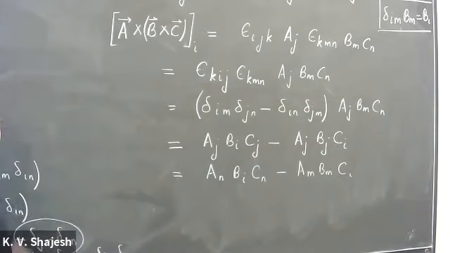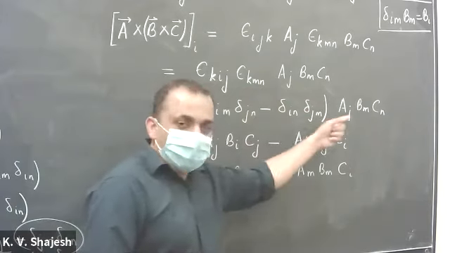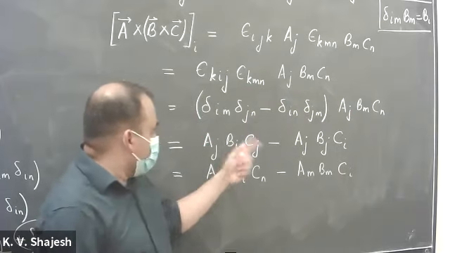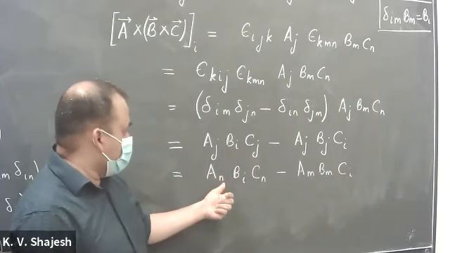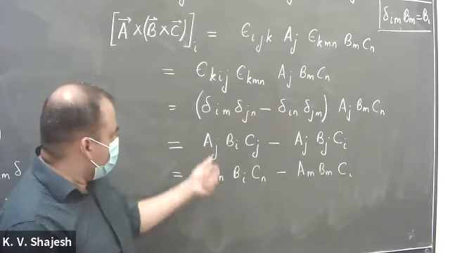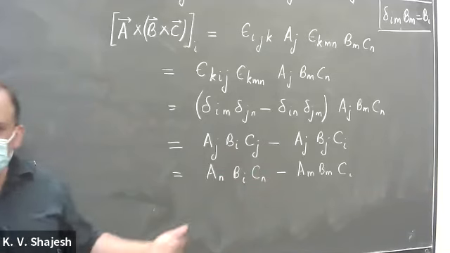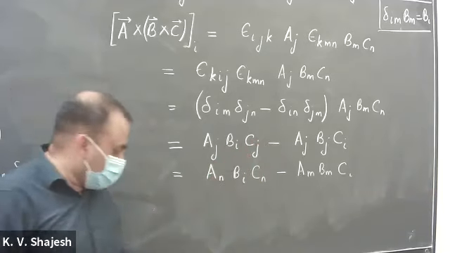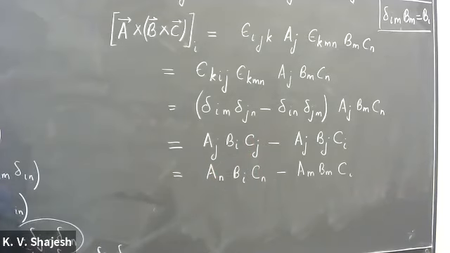One person would have done it this way, someone else would have done it another way. If you replace J with M, you get this. If you replace N with J, you get this. Either way, it's okay, because remember, dummy indices can be called anything. I can call this A, B, C, D, anything, as long as it's consistent. So that's fine.